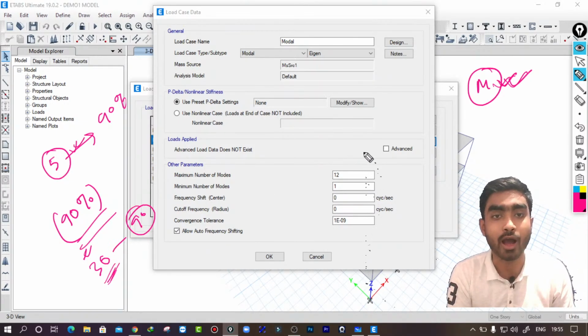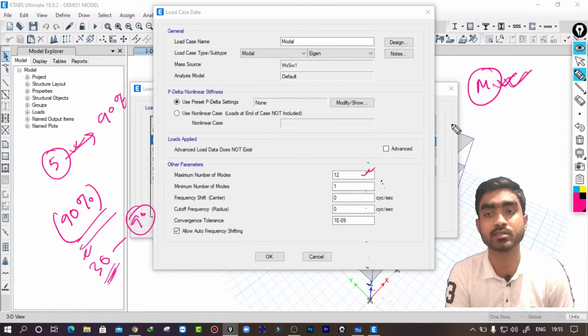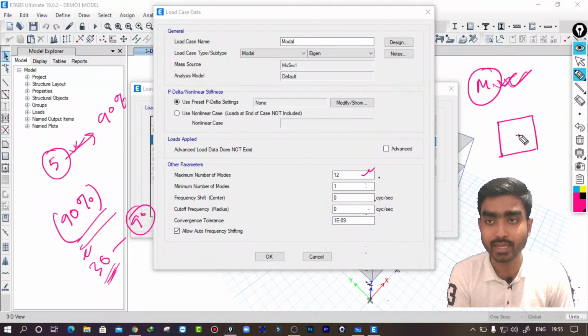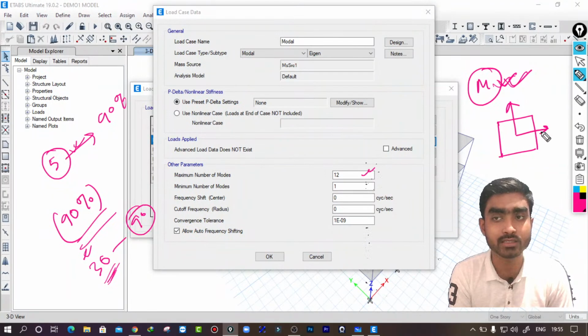Now, how many modes? There are a few concepts. Suppose we have this structure, and it can move in this way, in the translational directions x and y. It can move and it can rotate also. So basically we have three degrees of freedom for the total structure, right?